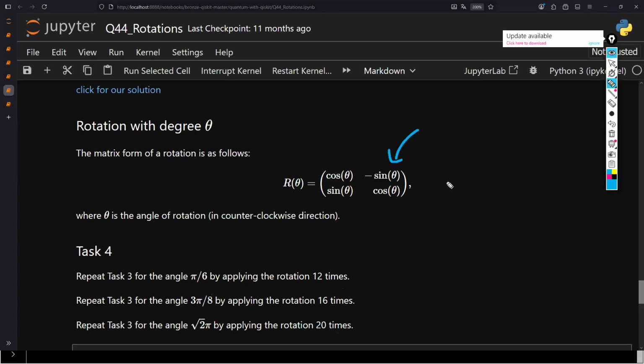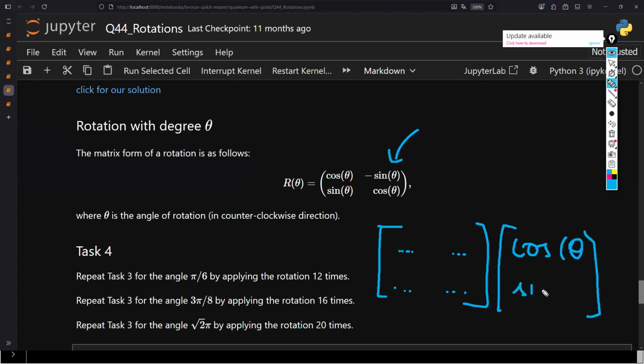And this formula comes from linear algebra. If you were to try to come up with this formula yourself, it would be like this. You have some matrix with unknown components that acts on my state, which is cosine theta, sine theta.